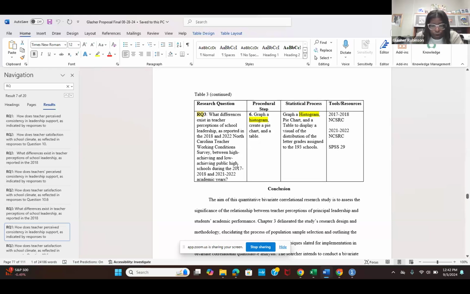It says high performing and low performing, but then in the processes you talked about the histogram and pie chart to look at the letter grades. Yes, in the statistical process. That's where my question was. I didn't know what I'm able to edit and modify based on what has already been approved. In my definitions, I describe the low performing as the letter grade plus the growth status.